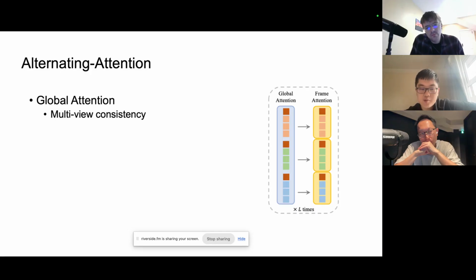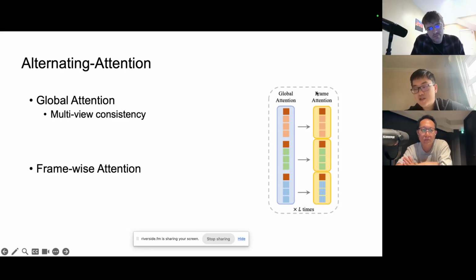Because we need multi-view consistency, right? We have several frames as input and want to reconstruct the scene. It means the reconstructed result should be consistent across different frames. That's why we need global attention to ensure multi-view consistency. The more important question is why we need frame-wise attention. First, it enhances performance, but it's fine.